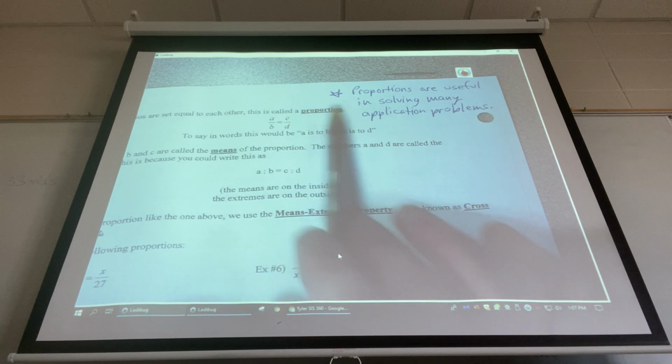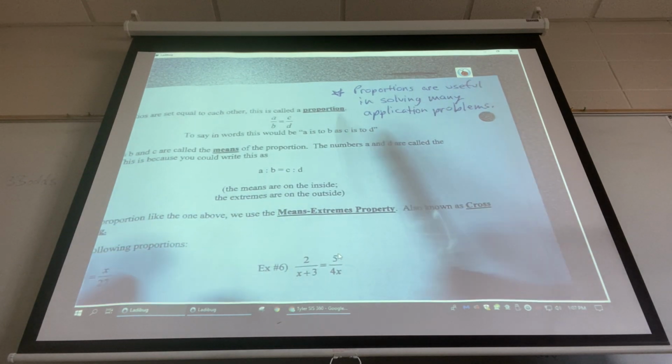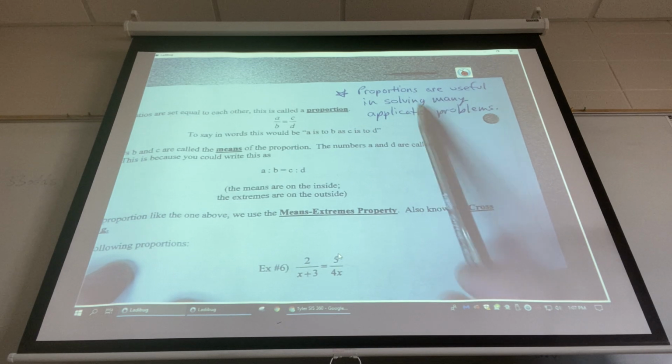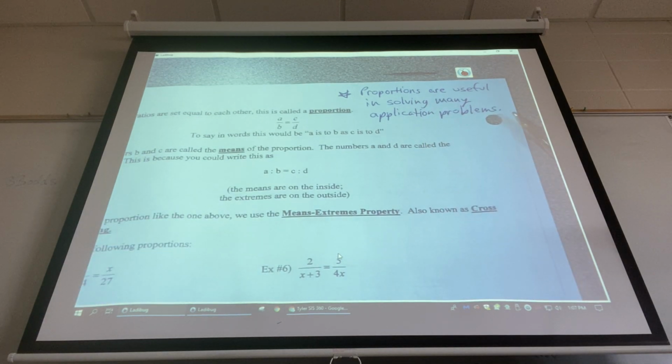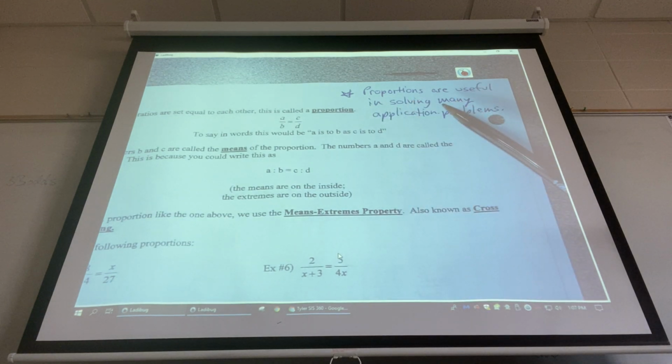If they're talking about how something is related to something as something else is related, proportions are going to be the way to go. So if you're solving a word problem and thinking, this sure seems like there should be an easy equation for this, think about proportions. Proportions will probably be the way to get you there.